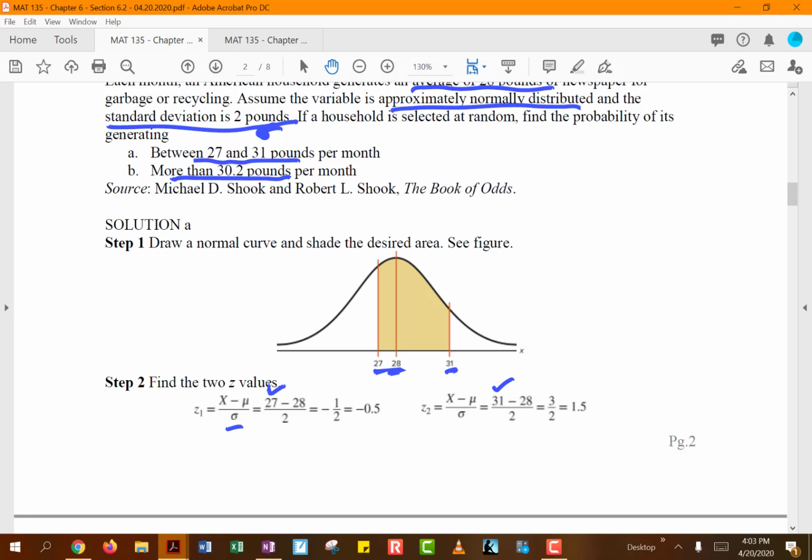We plug it into our little formula over here and find the z-scores for both of them. So 27 corresponds to a z-score value of negative 0.5. 31 is corresponding to a z-score value of 1.5.